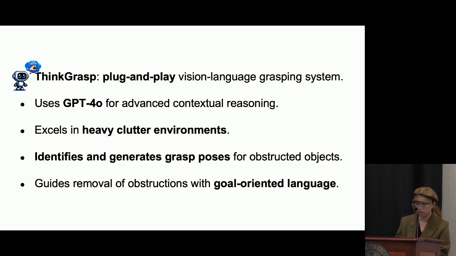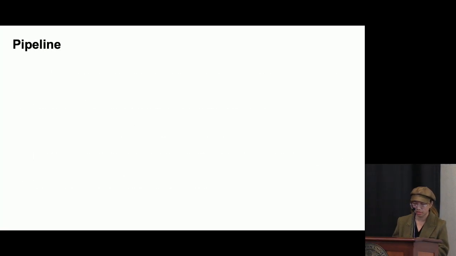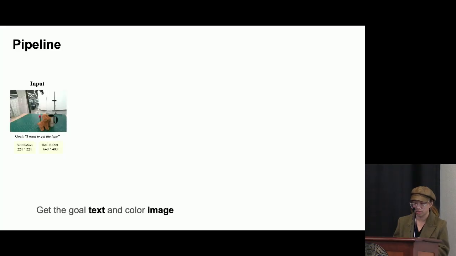Here, let's dive into the pipeline. First of all, in simulation we use low quality images, and in the real world we use high quality images. At first, we will get an image like this, and also a text goal: I want to get the tape.